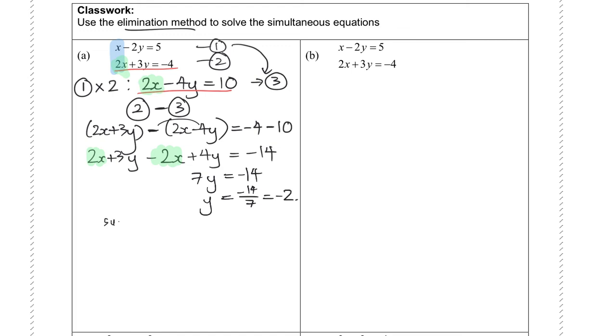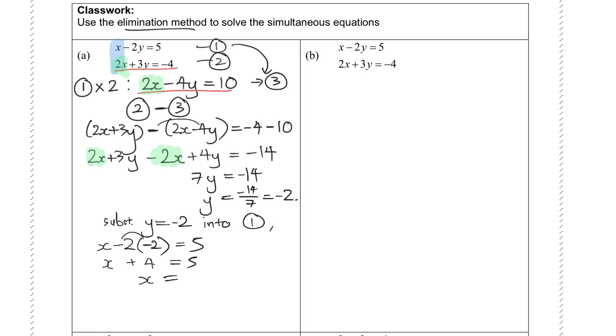So let's substitute y equals to negative 2 into your choice. Let's put into 1, okay, to get x minus 2 times negative 2 of y equals to 5. Multiply this out, I get positive 4 is 5, and so therefore x is 5 minus 4, which is 1. Let's conclude that x is 1 and y is minus 2 at the end.